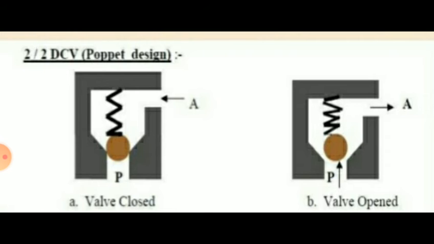So P indicates the pump. T is connected to the reservoir or tank, and A and B are the ports that are connected to the application area, so application inlet and outlet.